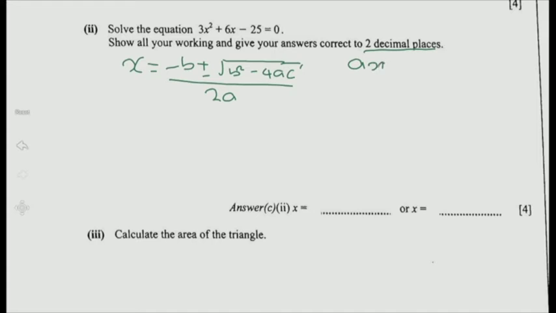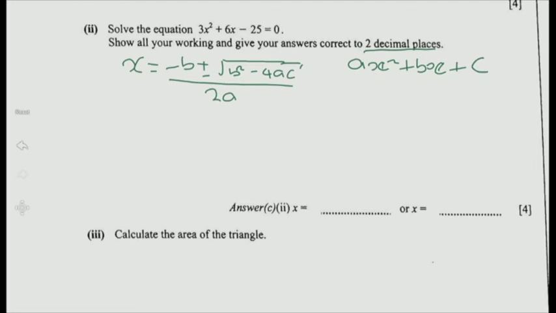So your general expression for a quadratic is ax squared plus bx plus c. Your a is the coefficient of x squared, your b is the coefficient of x, and your c is that constant term.